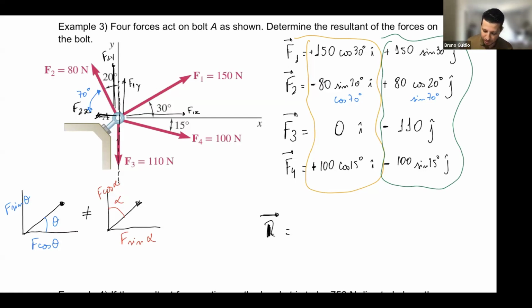It's going to be your job. 199.13 positive, 14.3 j newtons. That's the resultant. Any questions?